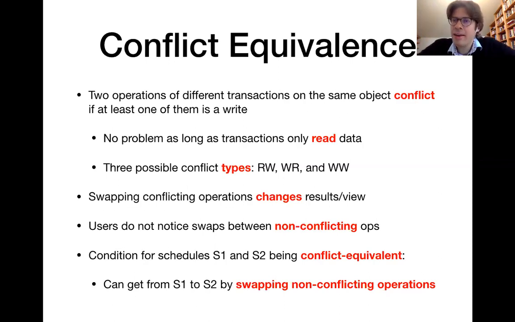On the other side, as long as I only change the ordering between non-conflicting operations, I cannot have any of those bad effects. The final state will be the same, and also users will see the same things in the same order. So I can say that two schedules are conflict equivalent if I get from one schedule to the other one by only swapping non-conflicting operations.